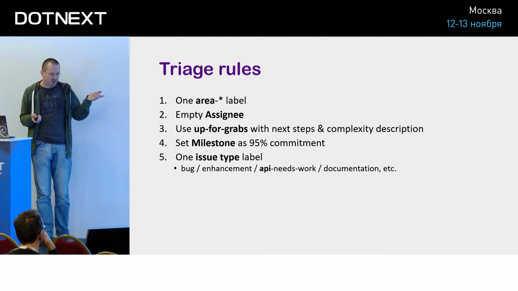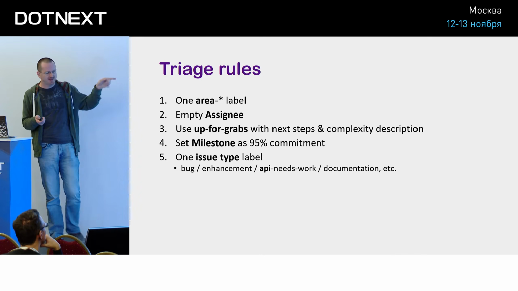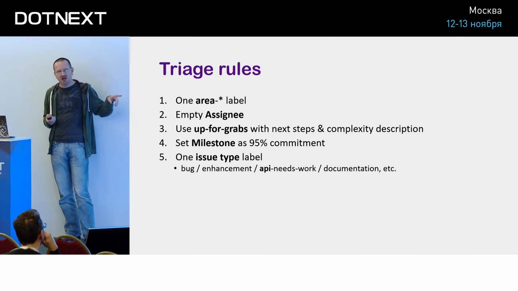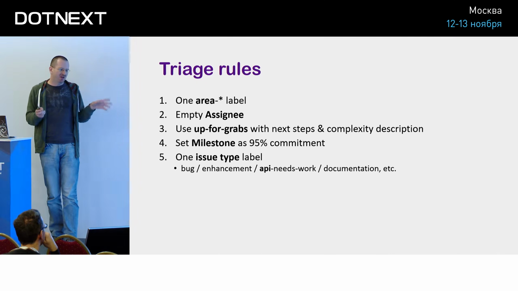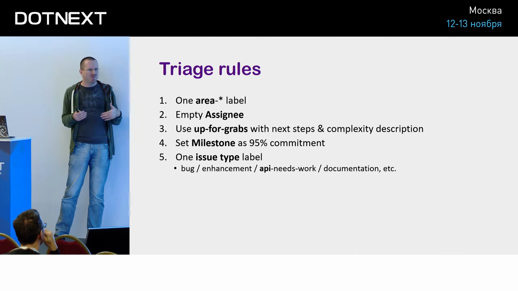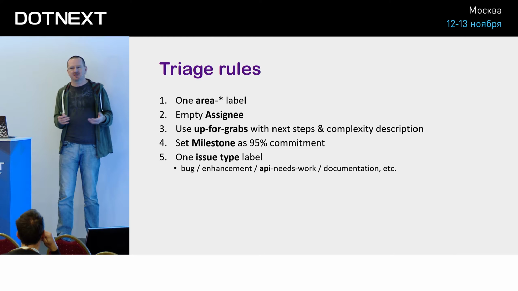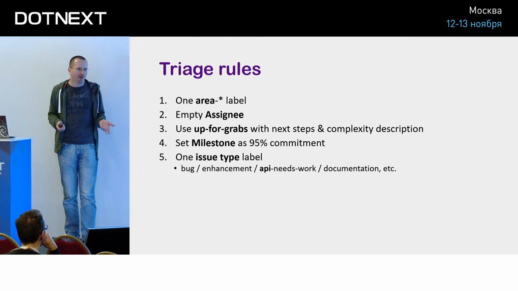The other thing we use is the issue type label, which is bug, enhancement. There's test bug, test enhancement, documentation, and actually a couple of API labels: API needs work, API suggestion, API ready for review, and API approved. In theory, if someone comes and says like, hey, if I do this and that, it's wrong, that's probably a bug.